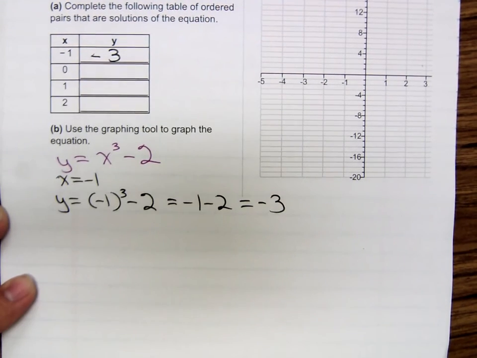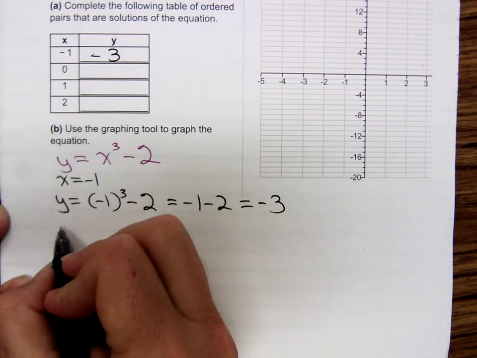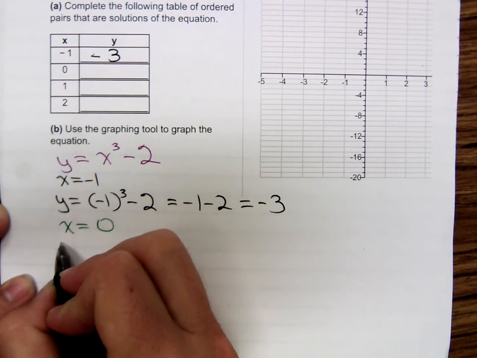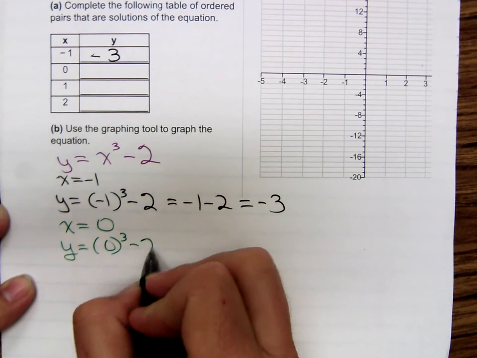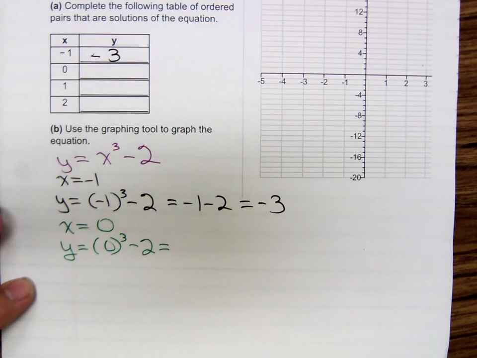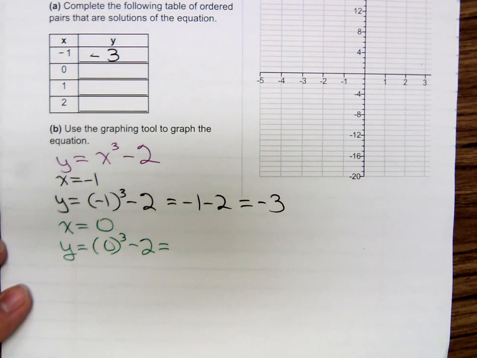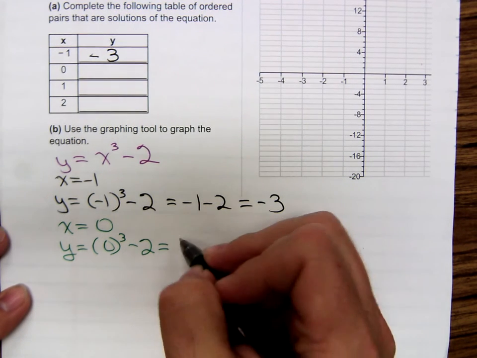Plugging in 0, we get y equals 0 cubed minus 2. What's that going to give me for y? -2. I agree.